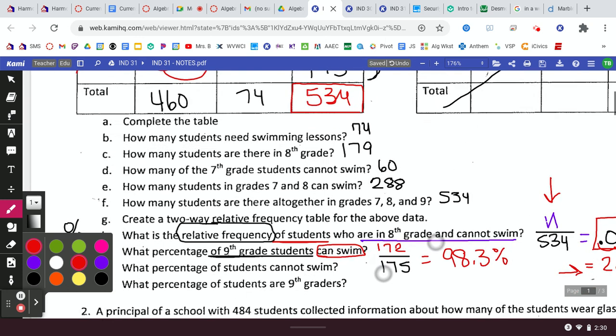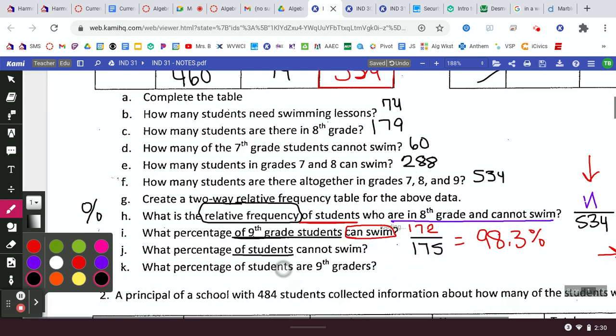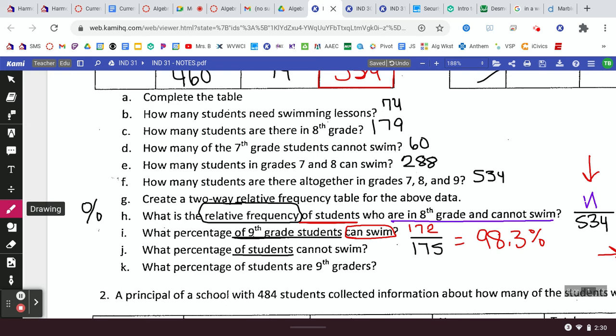All right. The next one says, what percentage of students? Okay, that's all of them. So that tells us that our bottom number, I'm going to probably have to scoot over here and do it on this side, our bottom number is going to be the whole 534. Thanks. I've scrolled up a little bit. And then it says, what percentage of students, that's all of them, cannot swim?